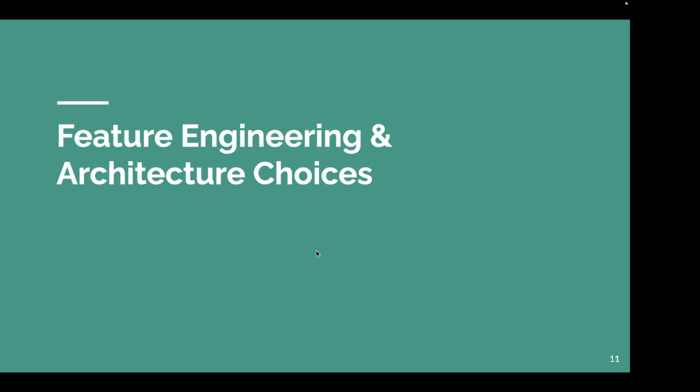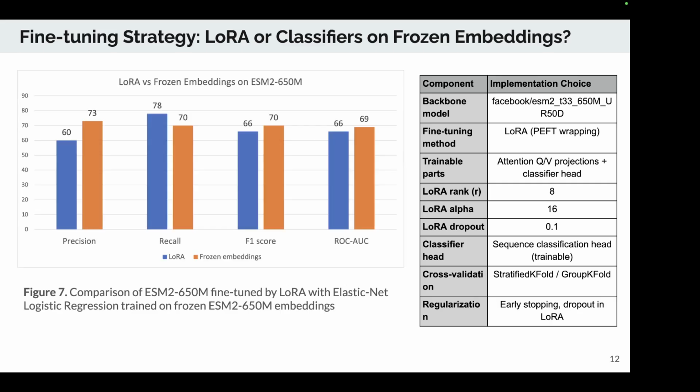Let's move on to feature engineering and architecture choices. So first, I compared fine-tuning with LoRA versus just building a classifier on top of frozen embeddings of those large protein language models. Here you can see the results of comparison. In terms of precision, F1 score and ROC AUC, you can see that frozen embeddings perform better.